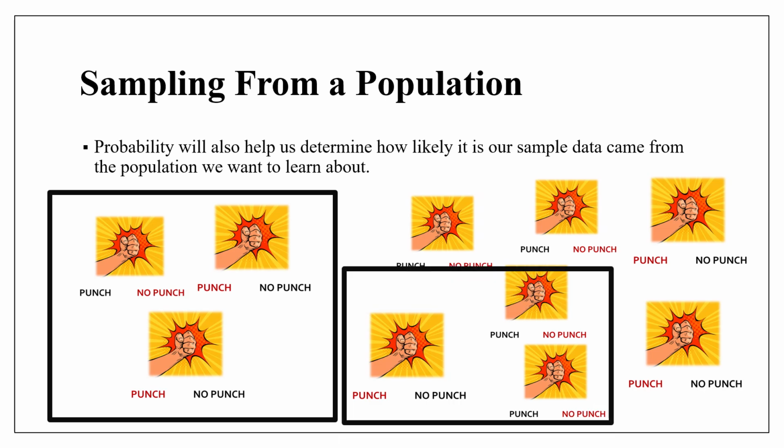But let's consider what would have happened if we had selected a different set of individuals from the same population. So again, both of these samples belong to the same population. We're just looking at different individuals that were selected. And here, if we had selected these 3 individuals, now we have 1 punch and 2 non-punches.